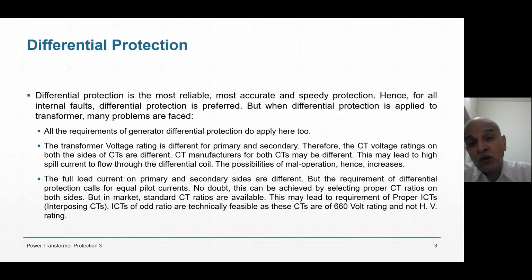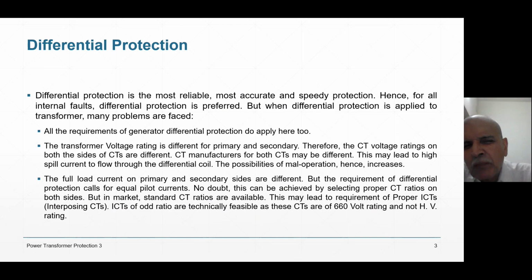And full cycle Fourier algorithm, 100%, 20 milliseconds, is the most accurate protection in numerical world. So one cycle for relay and one cycle for breaker, two cycles is not a big time. So for internal faults, differential protection only has to be preferred.